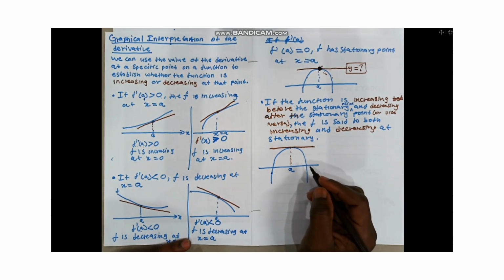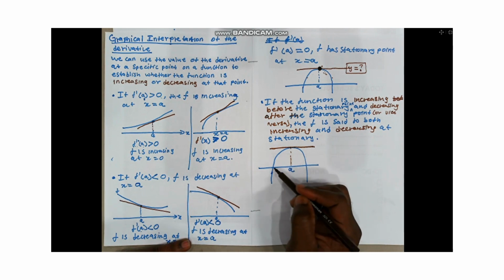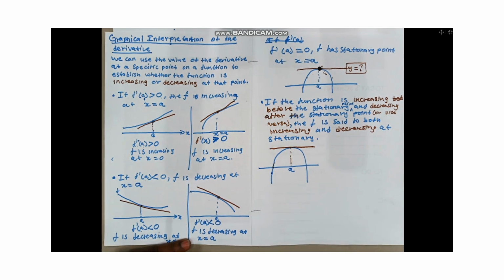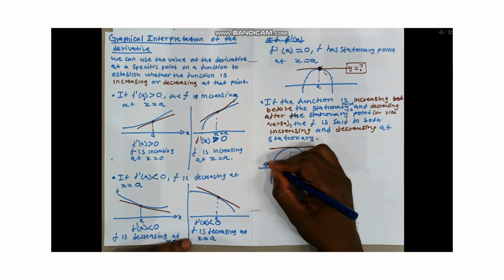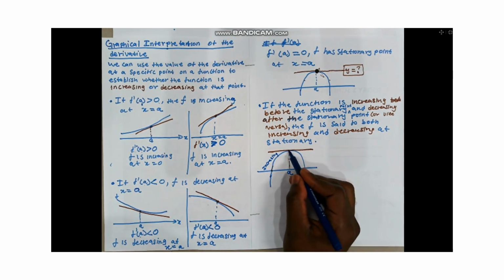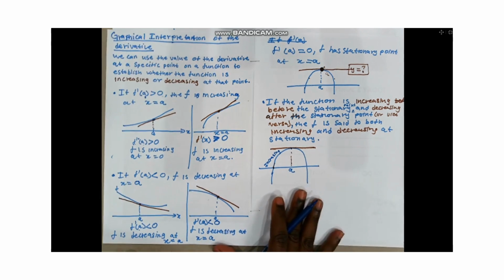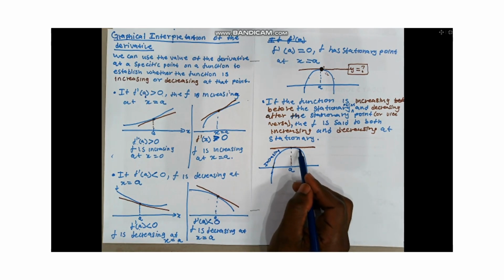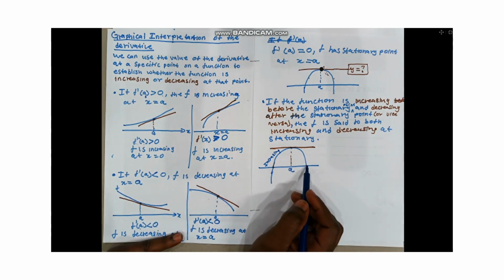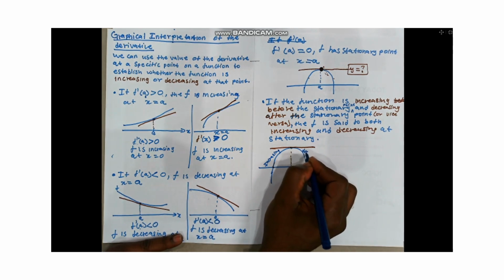Now what you need to understand from the statement: from here going up, going up, going up, the function is increasing, and then it reaches the stationary point. After reaching the stationary point, going this side, from top to bottom, it's decreasing.